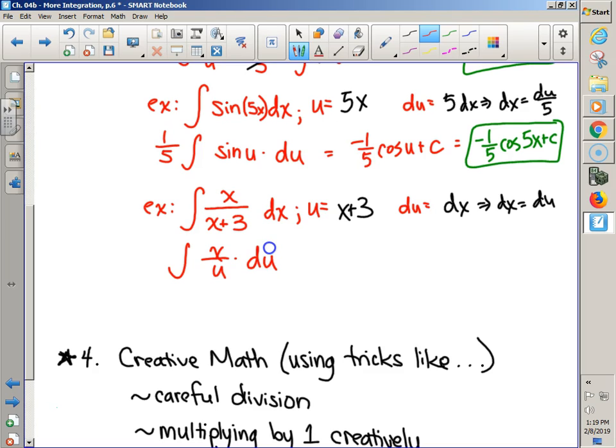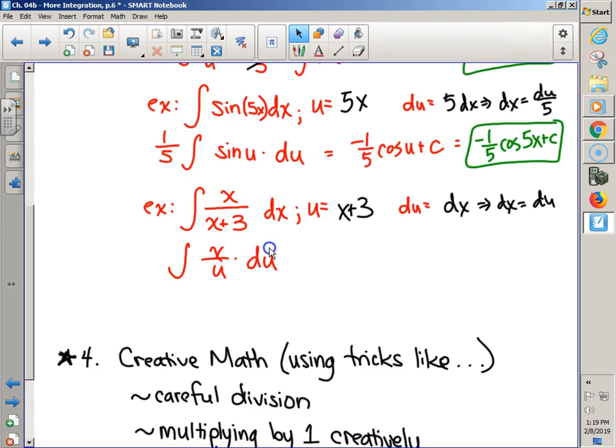Which of these is not like the other? Who doesn't belong? The x. Oh, it's okay. Over here there was a 1 over 5 we didn't like. We just pulled it out. Pull them out. It's not a constant. Totally illegal.